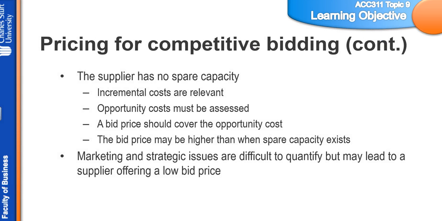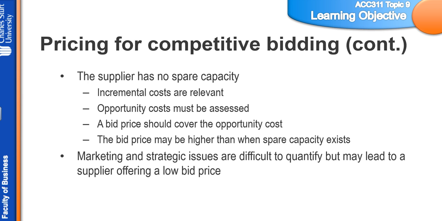If the supplier has no spare capacity, then we've got to consider the incremental costs and the opportunity costs of setting a price for this. So the bid price should cover the opportunity cost. And at this point, if you don't remember what opportunity cost is, look at the textbook for the definition of an opportunity cost, or go back to your economics notes and think about what opportunity cost is. The bid price is going to be lower where spare capacity exists.